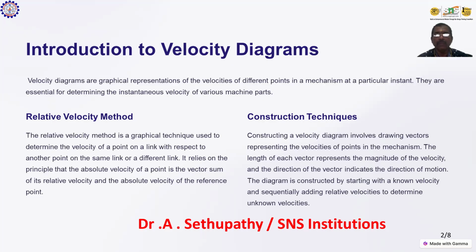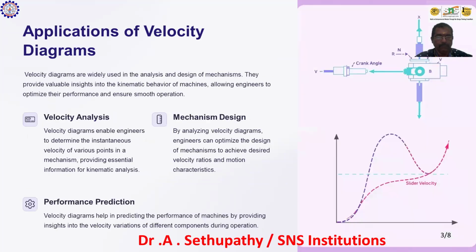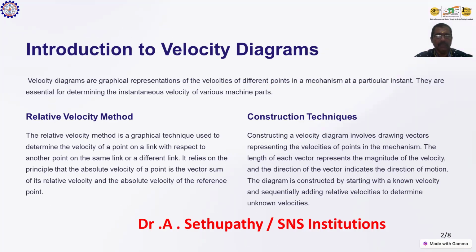We use the formula to find the angular velocity. Before constructing the velocity diagram, we find the first link's angular velocity, and we draw the velocity diagram perpendicular to the direction of the link.